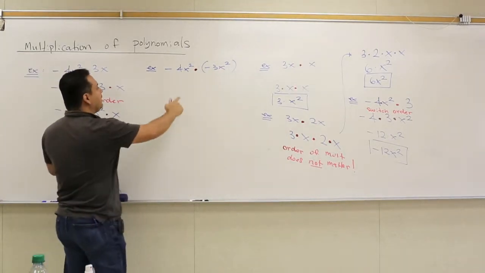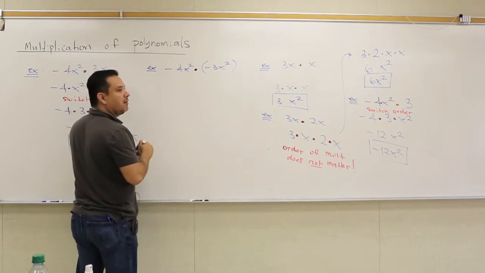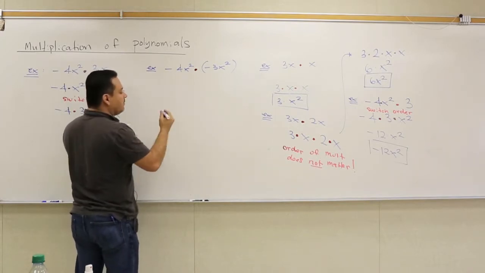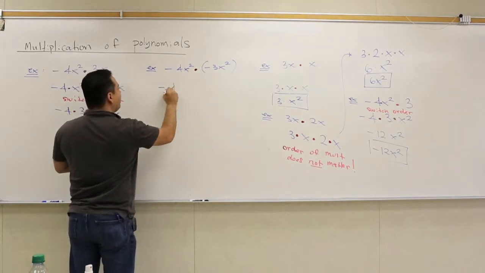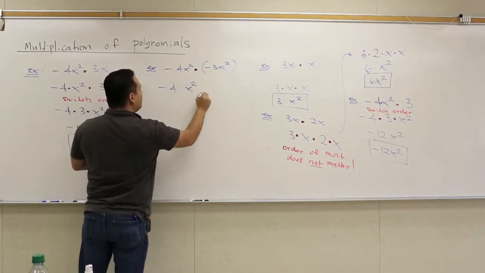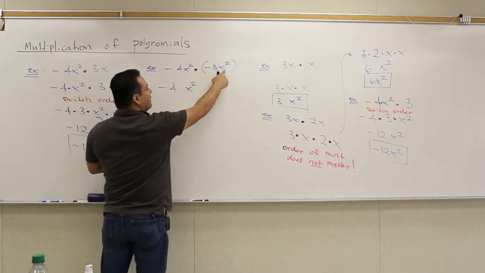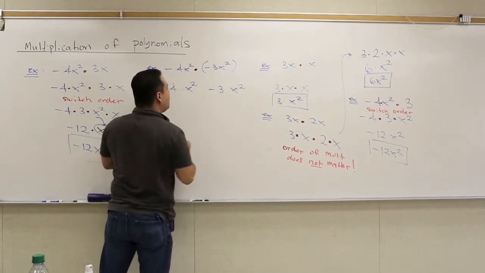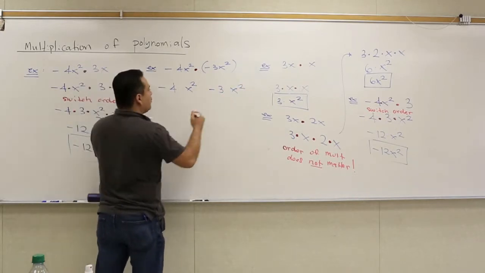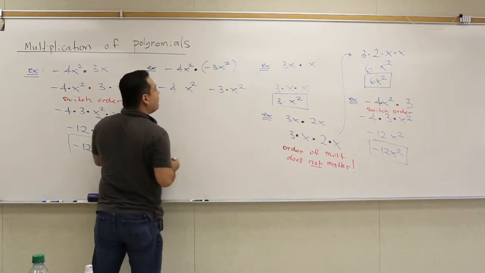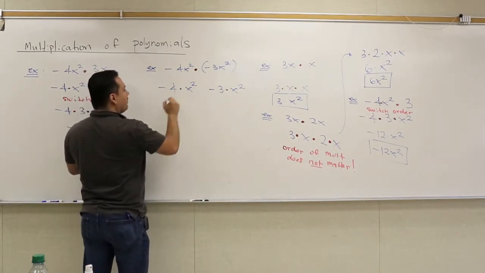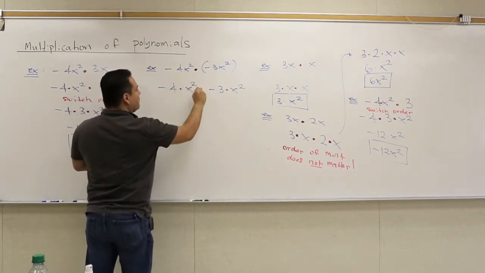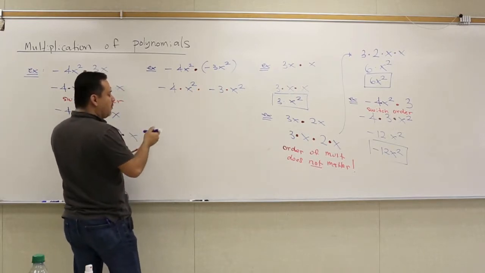Now what's happening here with the negative 4 and the x squared? Isn't that also multiplication? So you get negative 4, you got x squared. What's happening between the negative 3 and the x squared? Don't you also have multiplication here and here? But this is multiplication, and I'm putting my parentheses.